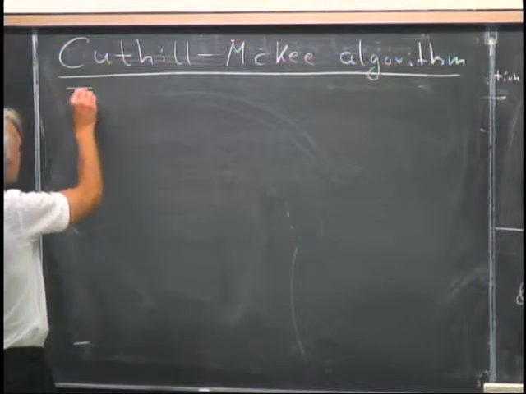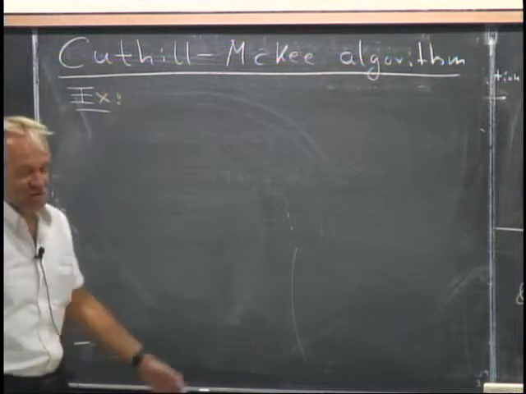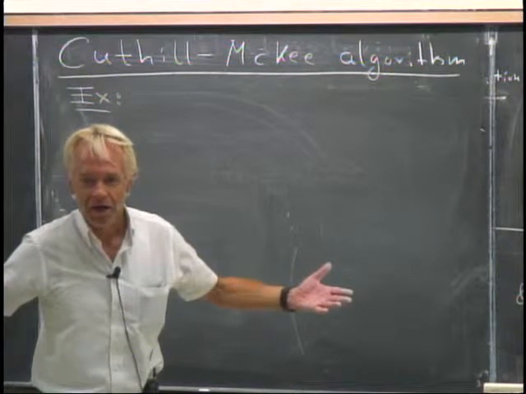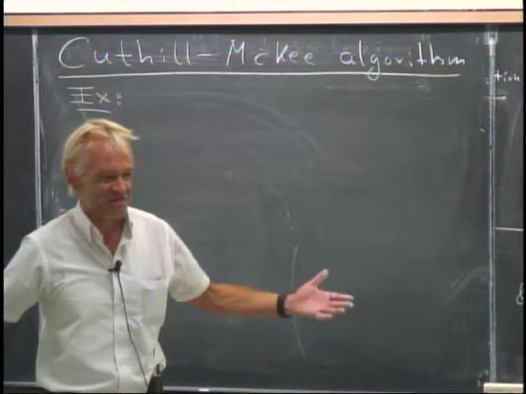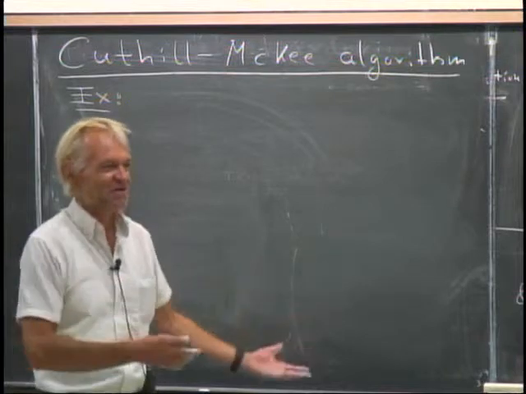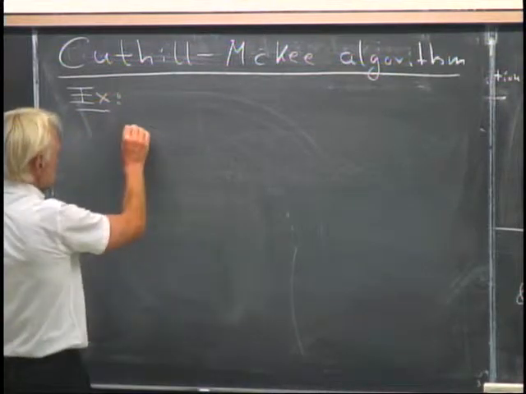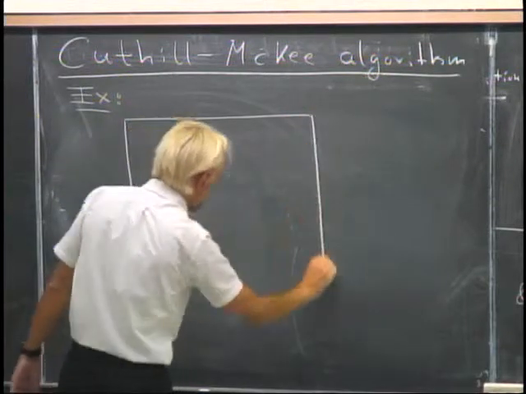So instead of defining it in its most general form, we do as I always like to do, we start with a simple example. A simple scenario, a simple case. Because from the simple case you will learn the general operation of this algorithm anyway. So I give you a simple mesh.